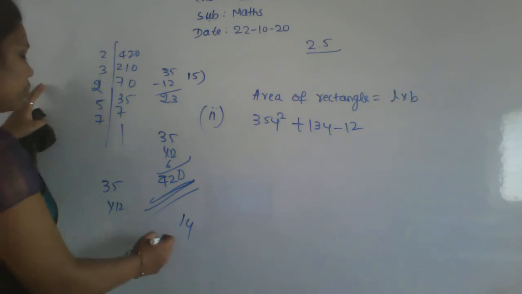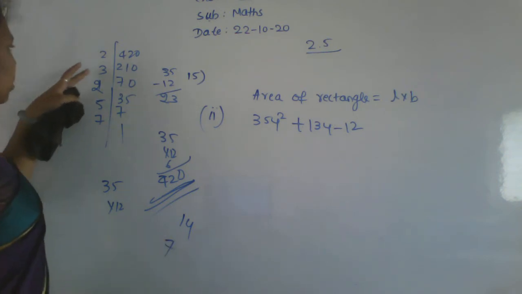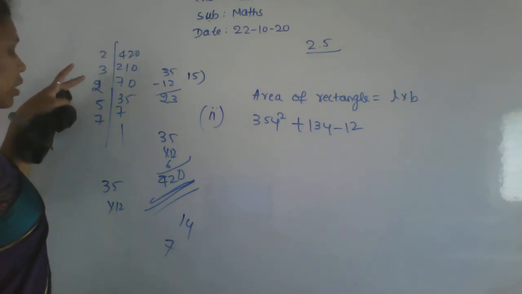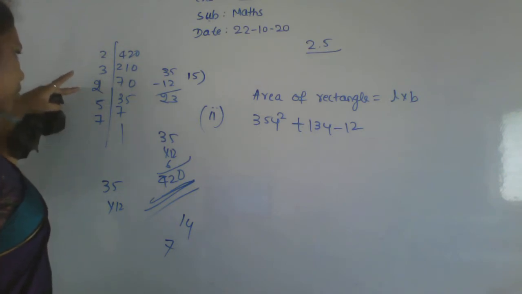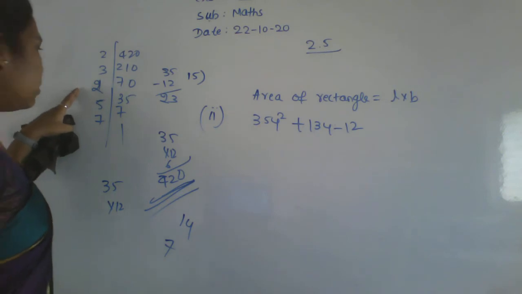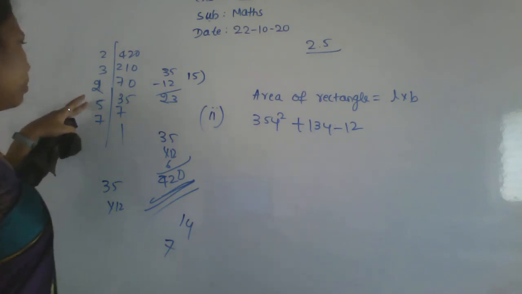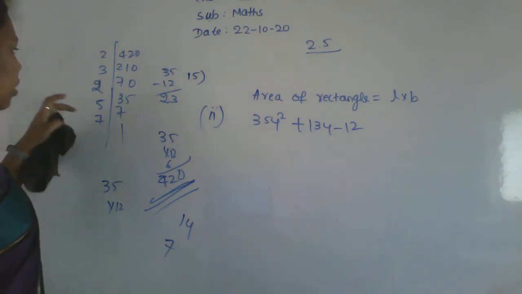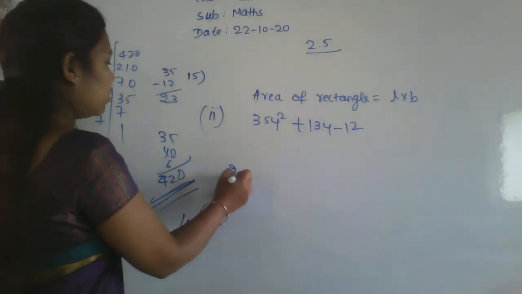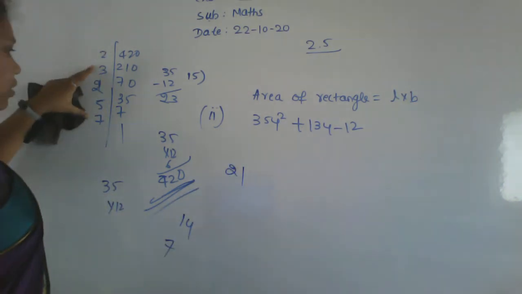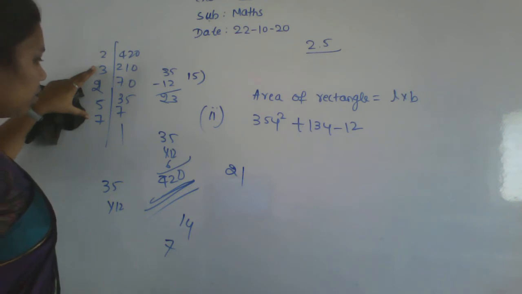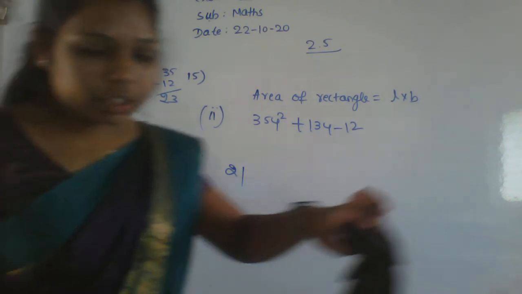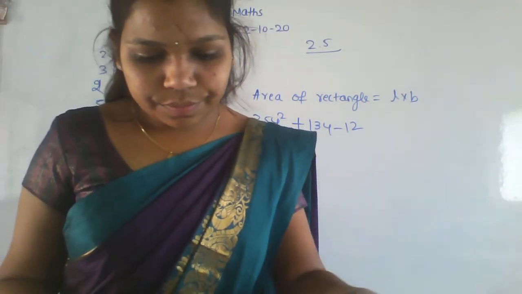Keep 7 as it is. 3 2s are 6, 6 5s are 30. No, we can't take that. 2 3s are 6, 6 2s are 12. 12 minus 7, we can't take. 12 minus 5, no. 7 3s are 21. So which value should we take here?